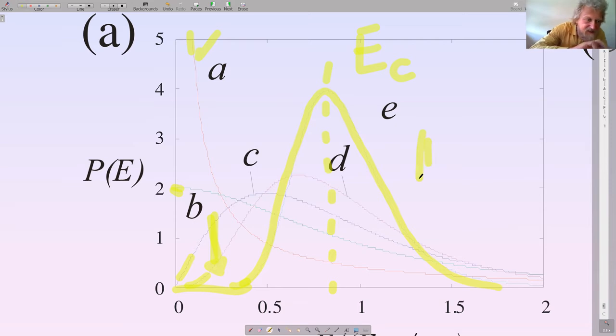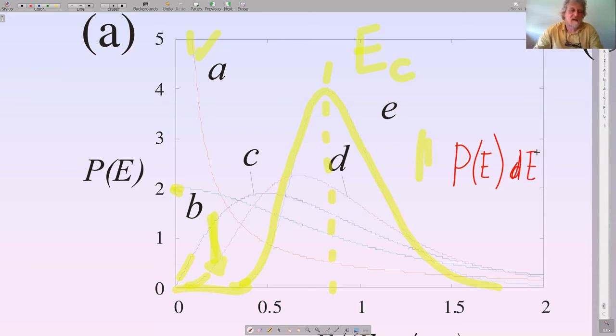This is our definition of the probability. In fact, P of E has a dimension, the dimension of inverse energy, and it can be anything.